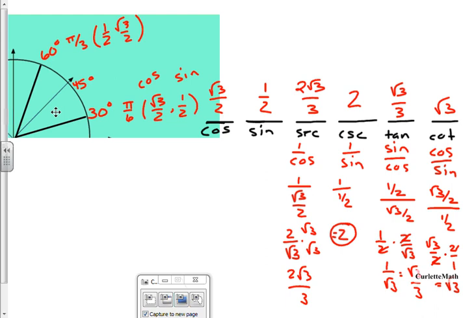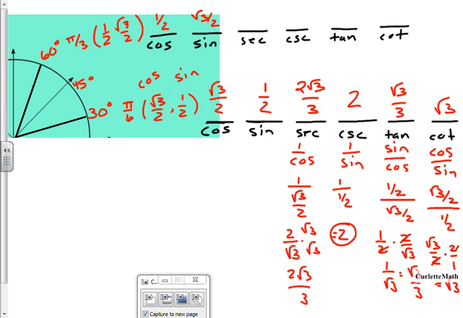Now let's do the same thing at 60 degrees. So we have the cosine, the sine, the secant, the cosecant, the tangent, and the cotangent. Now here we're going to have our cosine is 1/2 and our sine is the square root of 3 over 2.